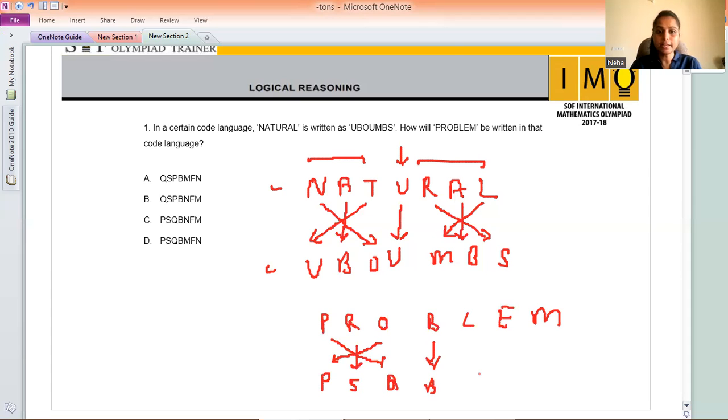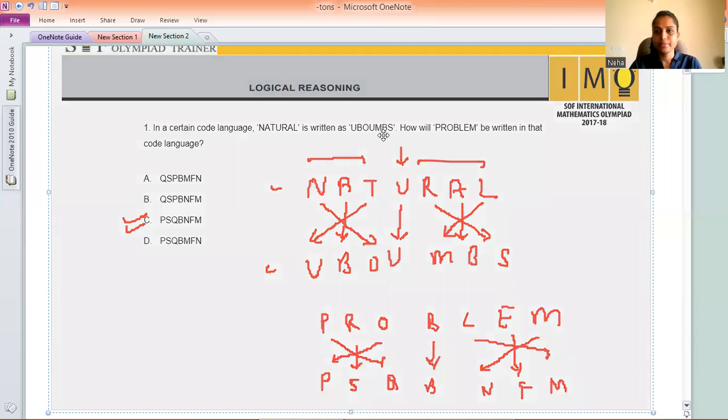Okay. Similarly, L plus 1 is equal to M, and E plus 1 is equal to F. So as you can see, P, Q, S, B, M, F, that means option number C is your correct answer. Okay, now the question number 2.